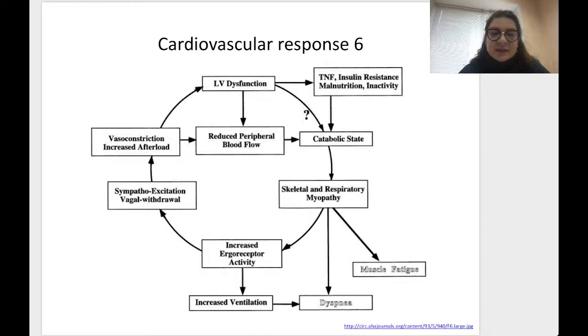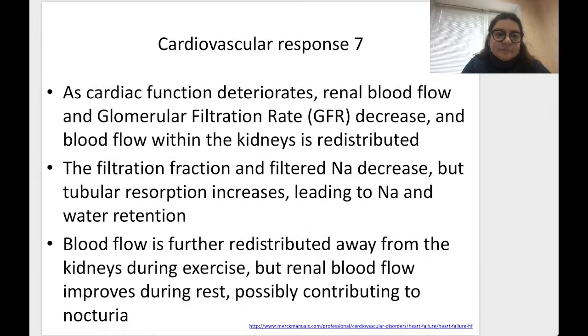The catabolic state leads to skeletal and respiratory myopathy that can, like symptoms, give this patient muscle fatigue and dyspnea, which increase ergoreceptor activity and ventilation, just worsening dyspnea. After that it leads to sympathoexcitation, vagal withdrawal, vasoconstriction due to sympathetic effects and renin-angiotensin-aldosterone system effects, and reduced peripheral blood flow that leads to the catabolic state one more time.